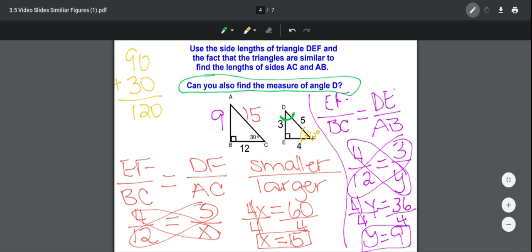So to find that missing angle D, I would subtract 180 minus 120 to give me 60 degrees. Therefore, angle D is equal to 60 degrees.